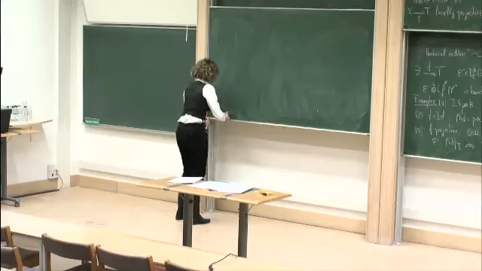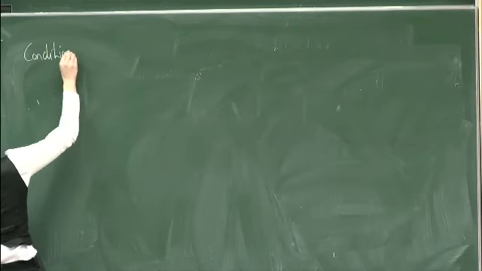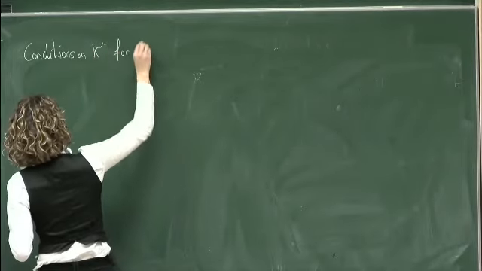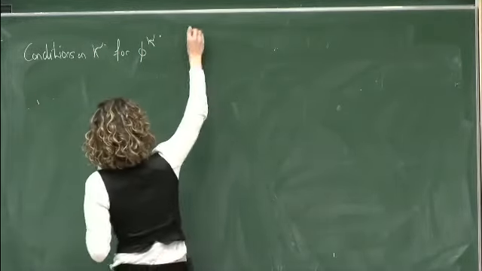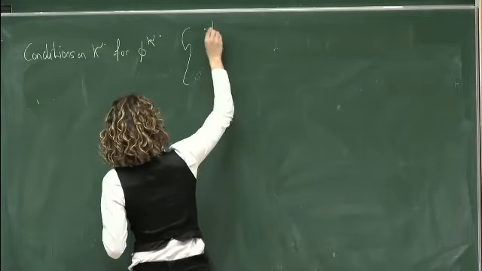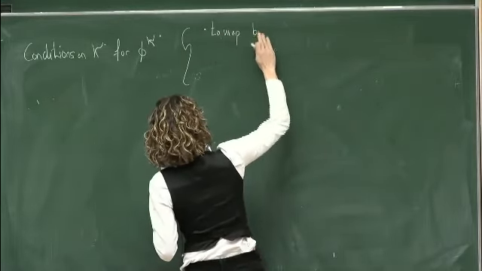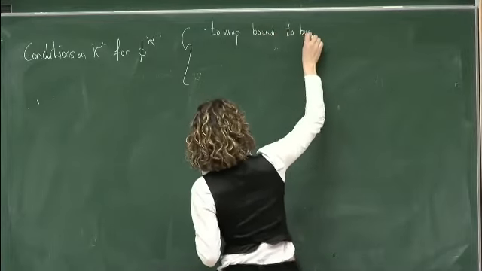So, conditions on K for the corresponding relative integral functor. First, to map bounded complexes to bounded complexes.